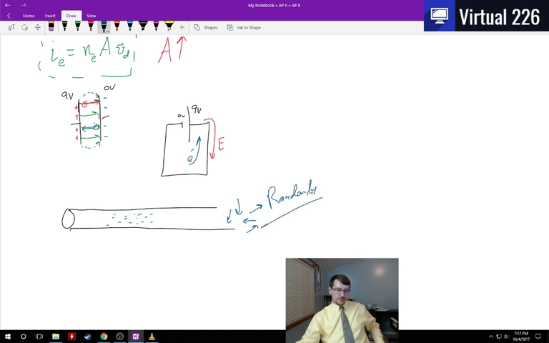Totally random. Okay? When these particles are bouncing around, they are going to have a collision with another particle. Okay? They're going to have a collision somewhere. There's a huge number density. Electrons are going to bump into some electron at some point in time.